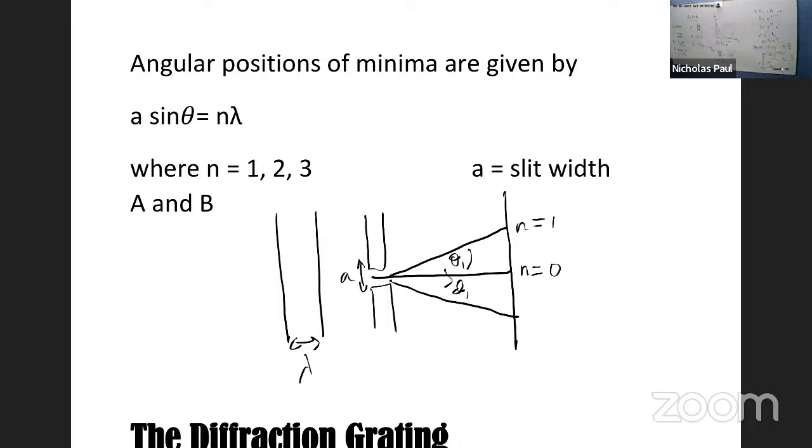Here is also theta 1. Are you okay with that? So n represents the order. a represents the separation of one of the slits. We can note these things, because they were here even in the calculations. And lambda is the wavelength of the light coming in.